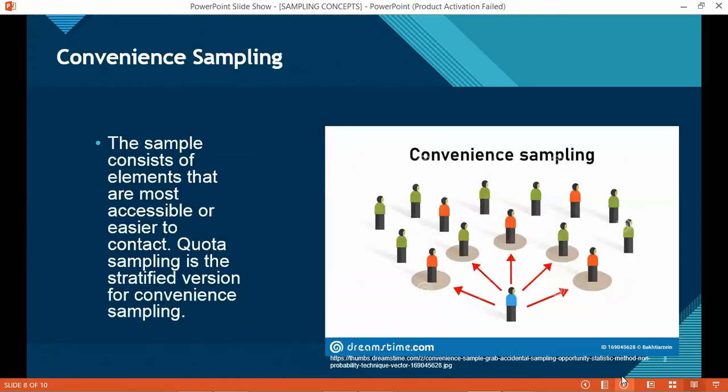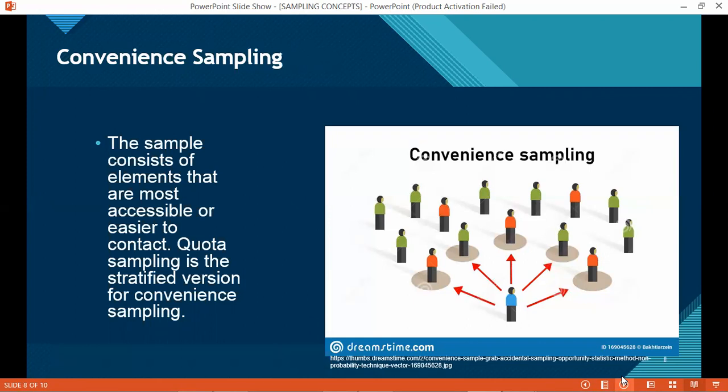Fourth, we have convenience sampling. The sample consists of elements that are most accessible or easier to contact. Quota sampling is the stratified version of convenience sampling. So, from the word itself, convenience, that means sino yung pinaka-accessible sa'yo? Sino yung pinakamalapit? Sino yung kaya mong puntahan agad-agad?